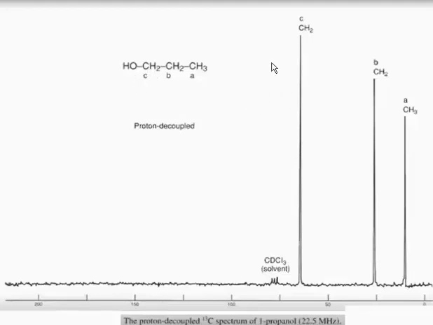And here it is. The signal right here is due to the methylene directly attached to the hydroxyl oxygen. Now the methylene B, however, being farther away from the electron withdrawing oxygen, has a little higher electron density, and the chemical shift is not as great. It has a smaller delta value. This signal here is due to the methylene labeled B.